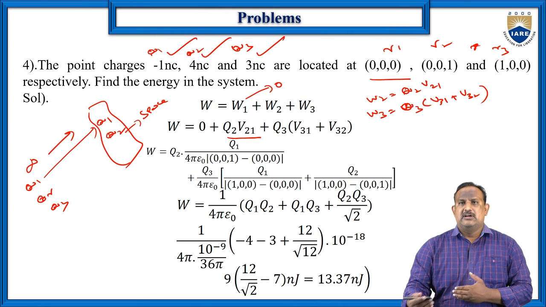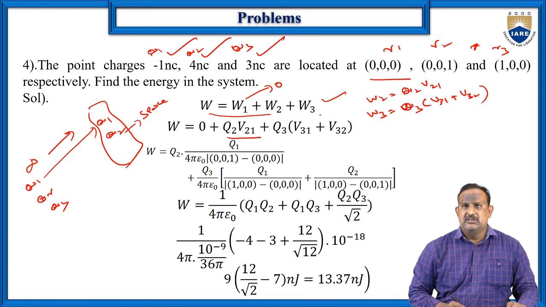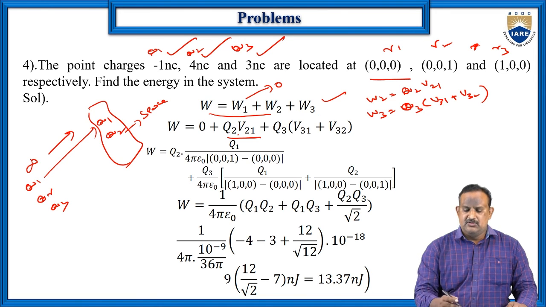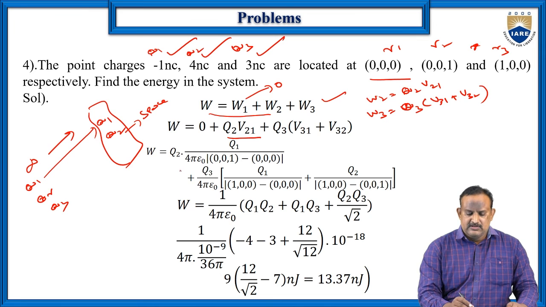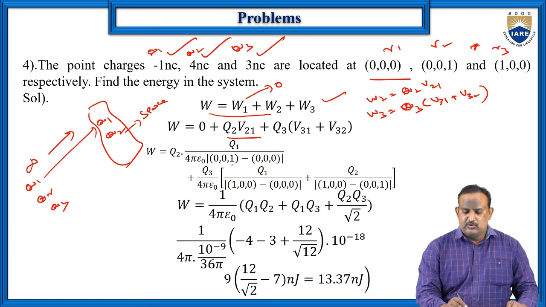Therefore, if you substitute all the values in the expression, the total energy W is equal to W1 plus W2 plus W3. W1 is 0, so we need to substitute the remaining two. The first one is Q2 into V21, the potential at point 2 due to charge Q1, which is Q1 by 4 pi epsilon naught into R2 minus R3.